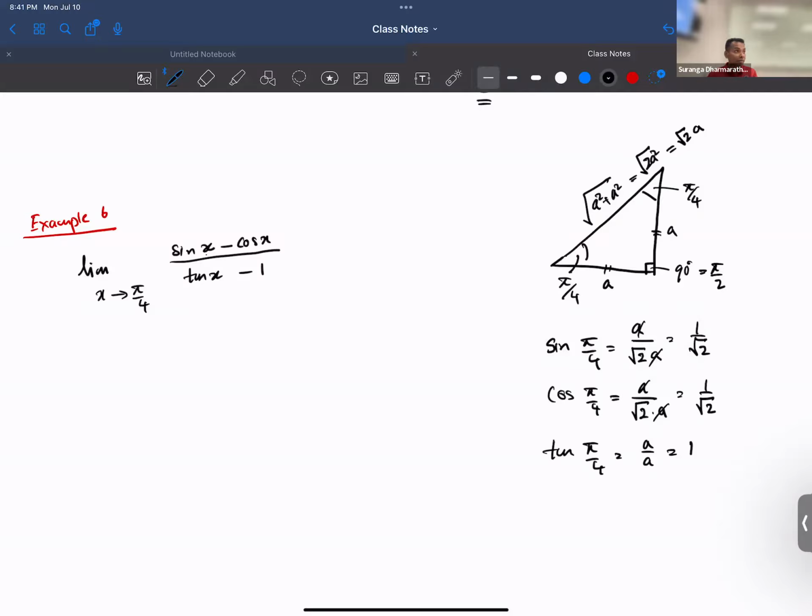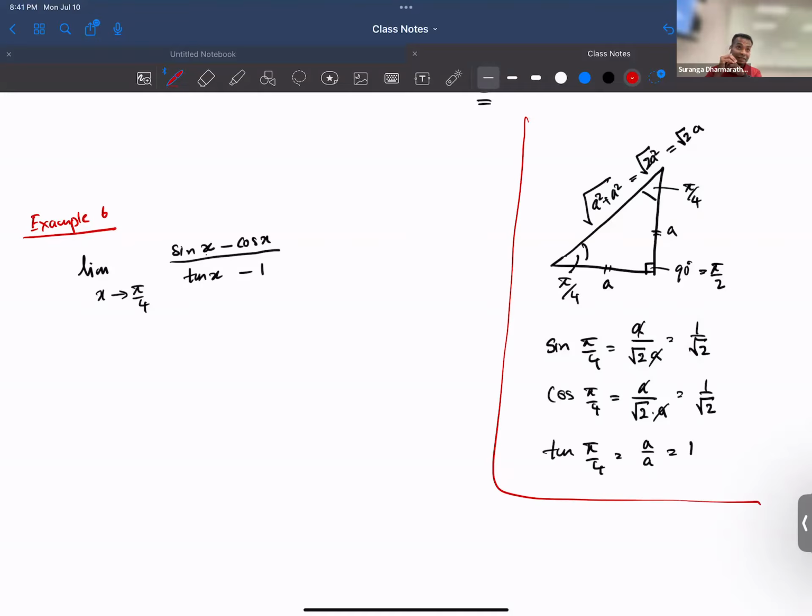So actually, this is a good one, and I can derive like that for pi over 3, pi over 6. What is that? 30 and 60 degrees as well, which comes really handy in calculus, right? Sine 30 is half. Cosine 60 is half.